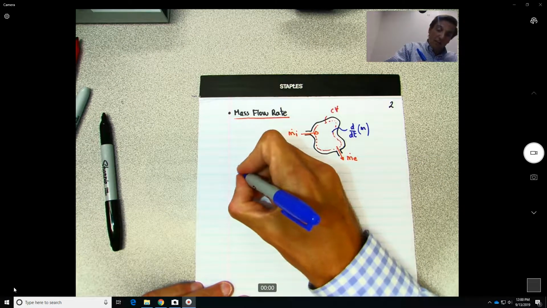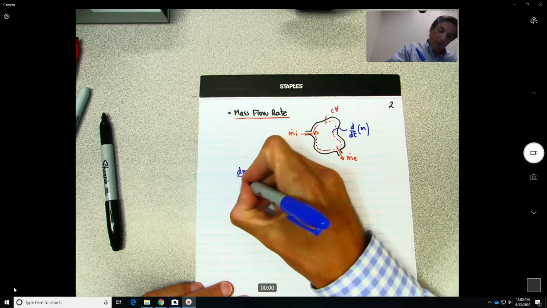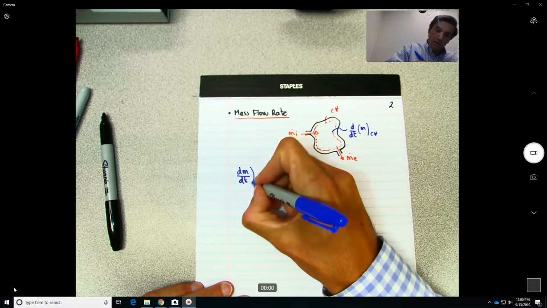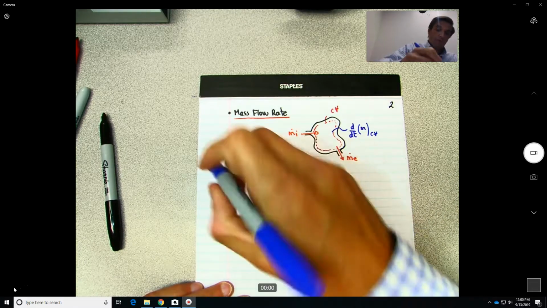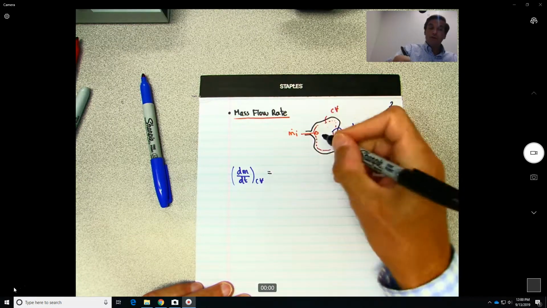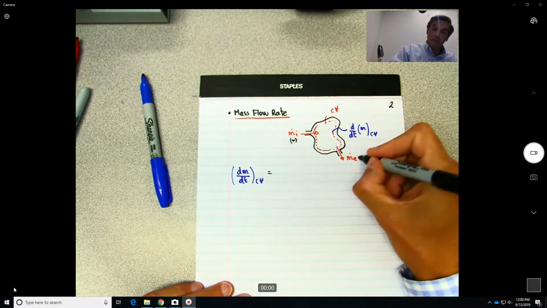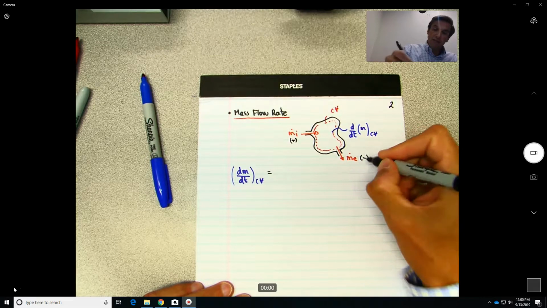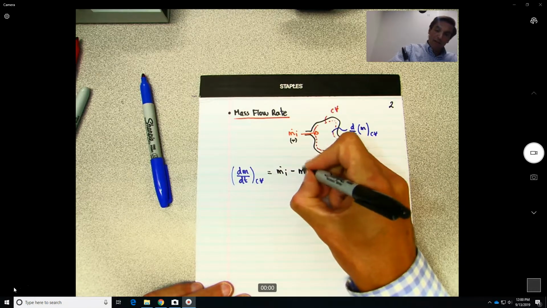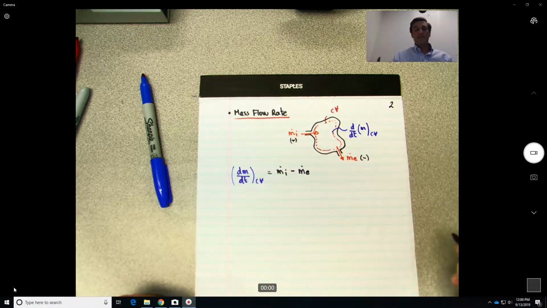That change in mass should be equal to what? If we say the fluid going in is positive and the fluid exiting is negative, it would be m dot in minus m dot exit.